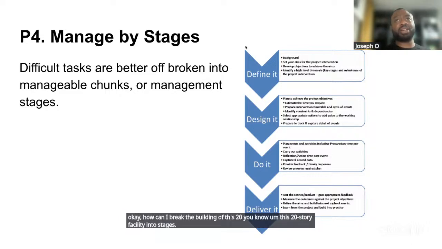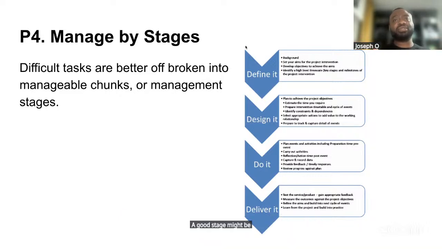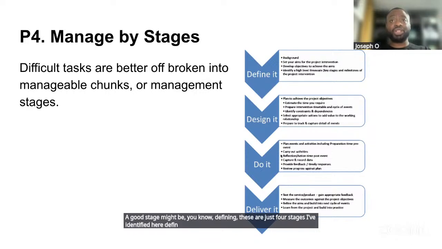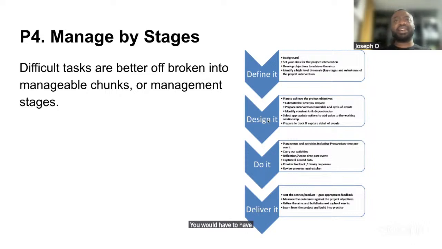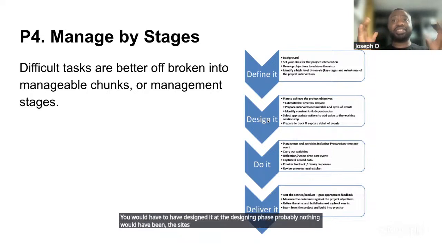A good stage might be, and these are just 4 stages I've identified here: defining it, designing it, actually doing it, and then delivering it. Before you start building the building, which is in the doing it, you would have to have designed it.